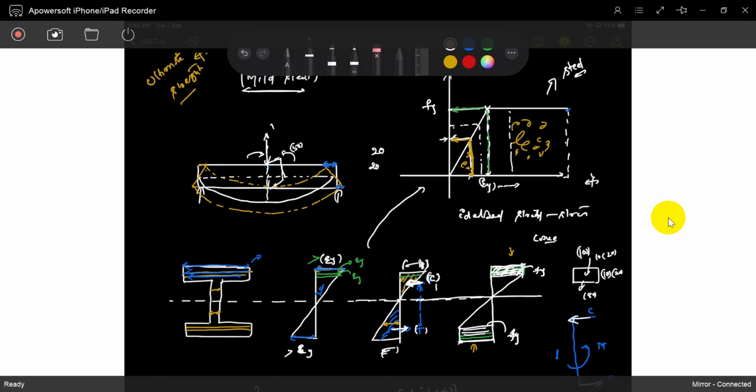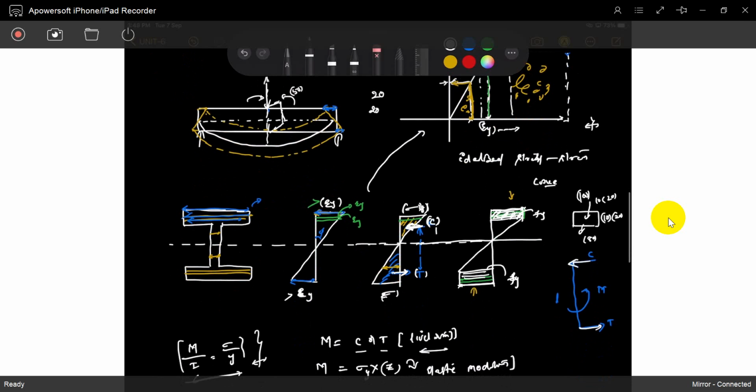So again, if you increase the load, what will happen? Again increase the load, what will happen? Up to the failure of the section. Where will we get failure? Up to all sections reach the elastic strain.